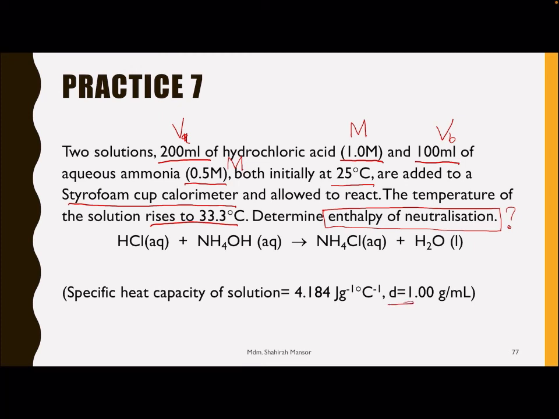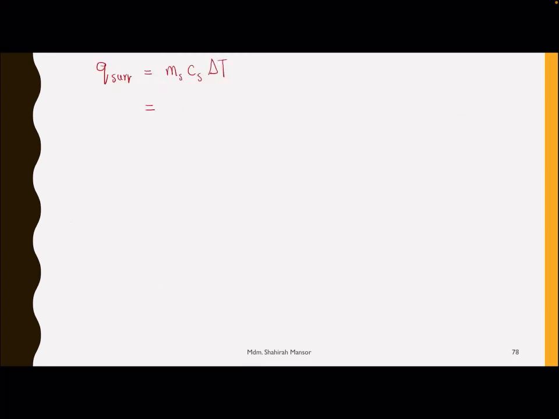So this is the density of the solution. By using the density formula, density equals mass over volume. We have the density value, which is 1.0 gram per ml, and the volume, which is 300 ml. So the mass of solution will be 300 grams.